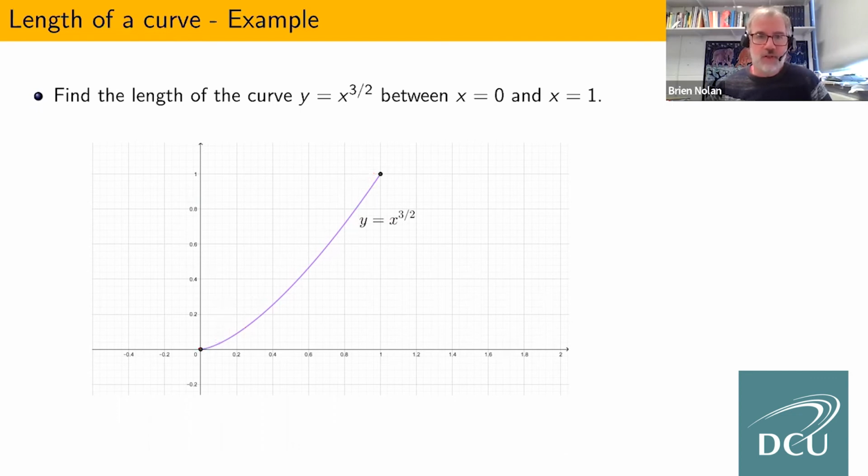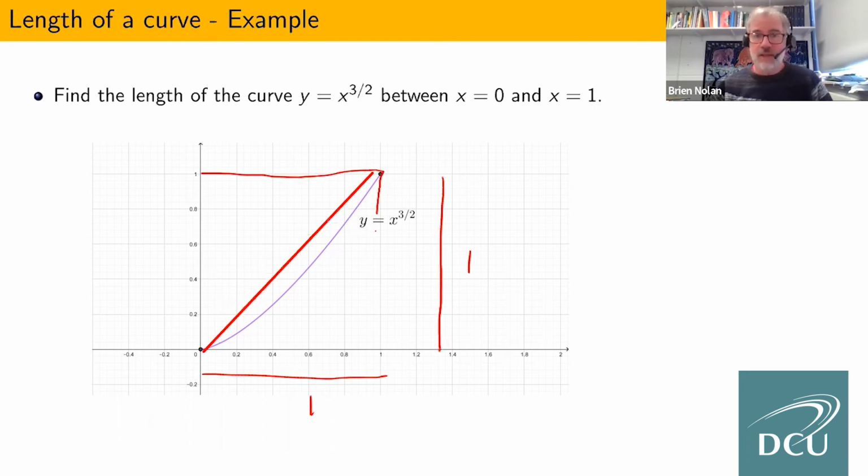So we have this straight line diagonal along the square, which would have what length? Well, our square has dimensions 1 and 1. It just so happens that this function is sitting inside this unit square. So the diagonal of that square would have length equal to square root of 2.